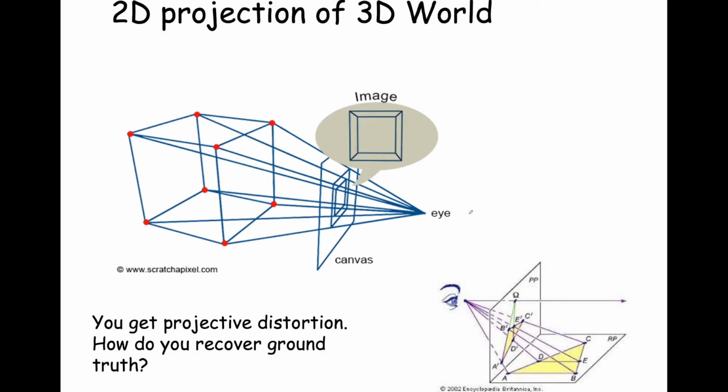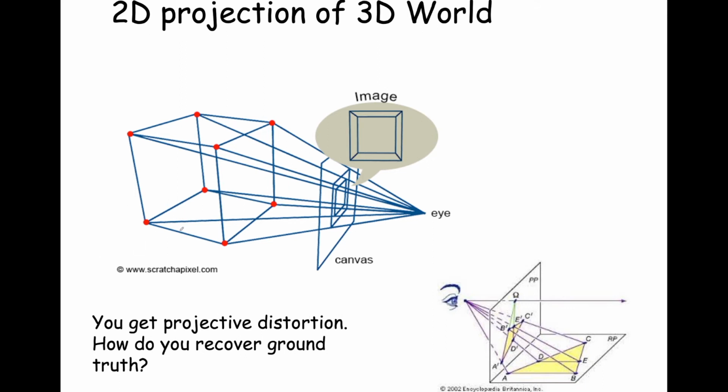Okay, so one of the issues with imaging is you get so-called projective distortion. Here we have a plane, a canvas, and here we have a cube, and what you're seeing is the energy that is reflected off various points on that object in the world.